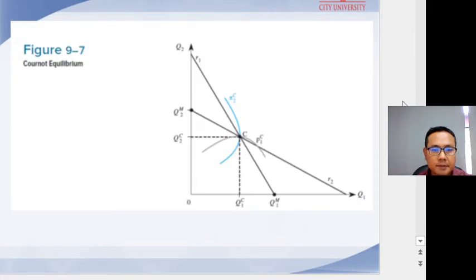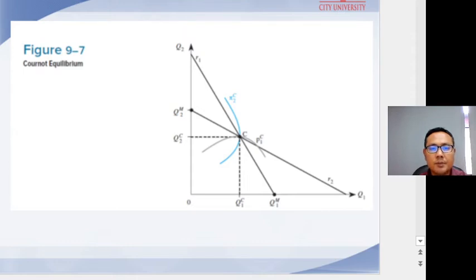As you can see, for example, in figure 9.7, firm 1's isoprofit curve through point C is given by pi 1C, and firm 2's isoprofit curve is given by pi 2C.